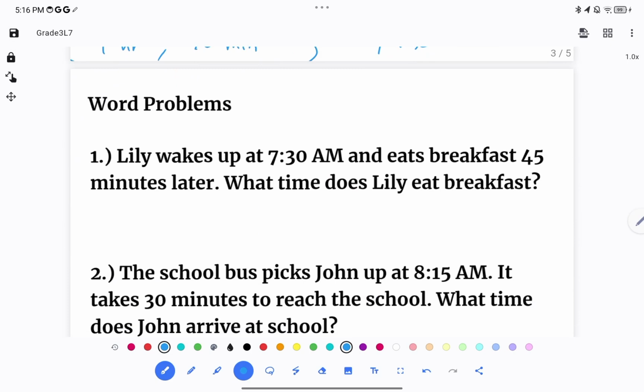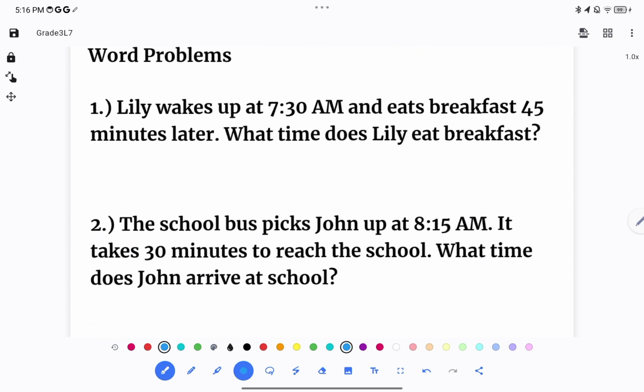Word problems. Lily wakes up at 7:30 a.m. and eats breakfast 45 minutes later. What time does Lily eat breakfast? She wakes up at 7:30 and eats breakfast 45 minutes later, so that's 75 minutes. The thing about time is that it's a base 60 system. Usually we're used to a base 10 system.